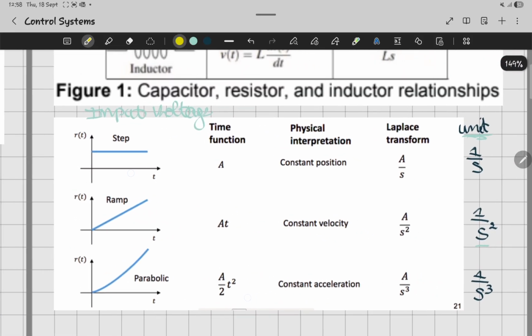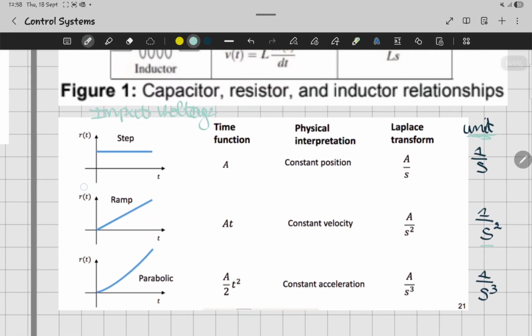You're going to come to this table. Where do we have ramp? This is where we have the ramp function, and this is the answer in S domain for a ramp function. Now, what is a unit ramp? When we talk about unit ramp, we're going to see this one, where A equals 1. That's what we call unit.